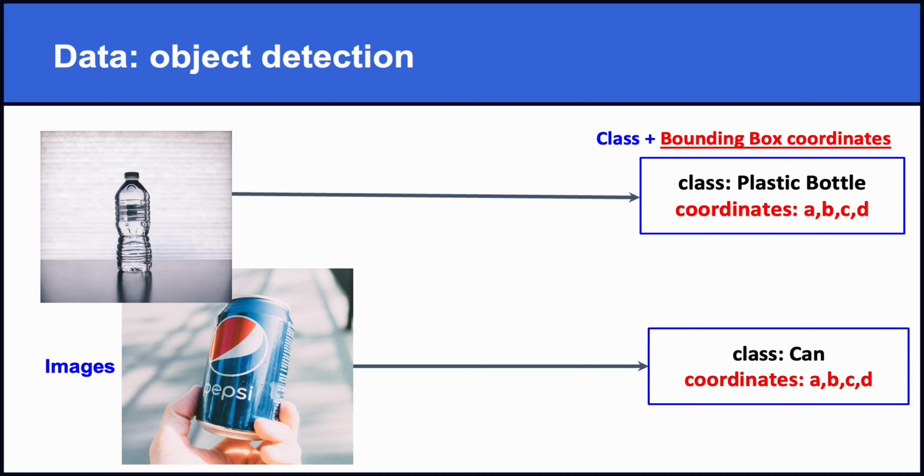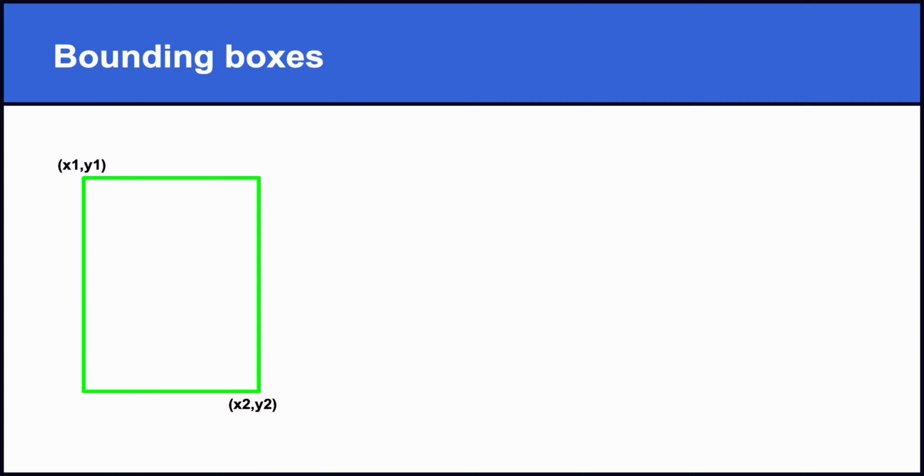We can represent them, as shown on this slide, by 4 numbers A, B, C, D, and this representation varies from one model to another. Let's see some of the most common ones. In one bounding box representation, we take the coordinates of the pixel at the top left corner of the box and the bottom right corner of the box, and then we can deduce the 2 other points in our code.